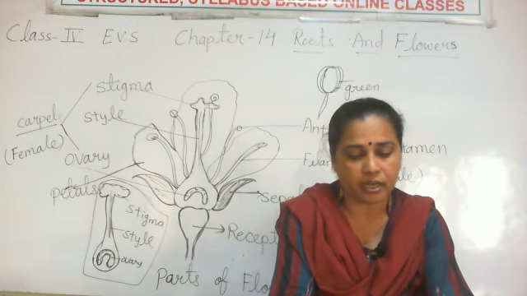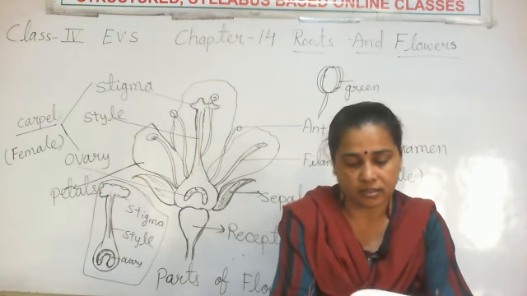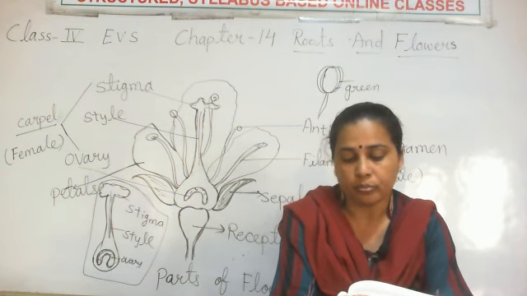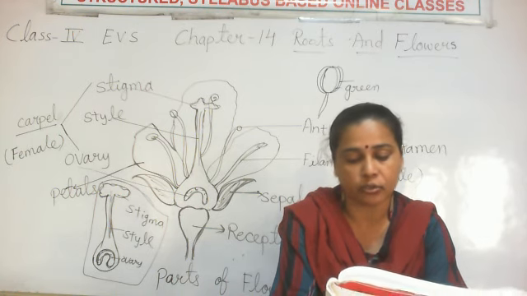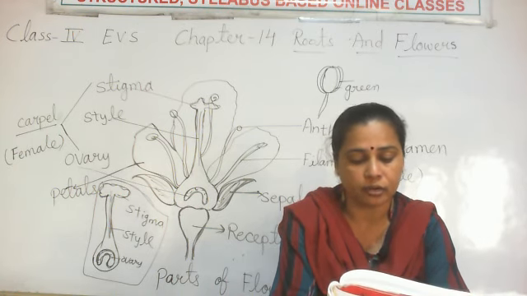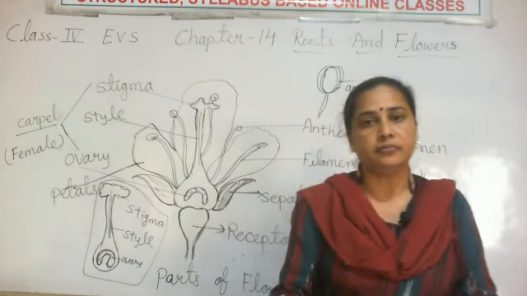Carpel is the female part of the flower. It is made up of the stigma, style and ovary. The ovary produces ovules or eggs to make fruits. Pollen grains from one flower are carried to another flower by wind, water or insects. Clear?